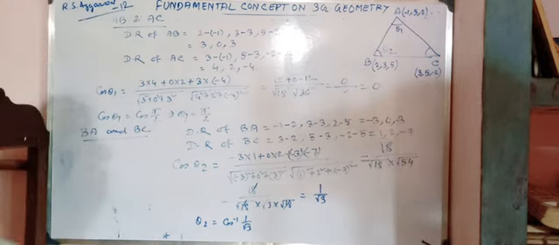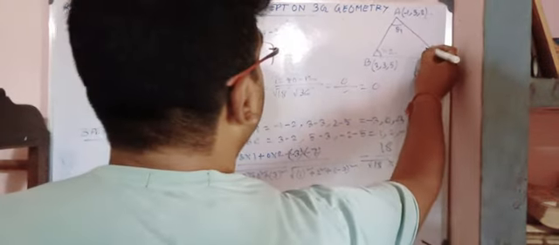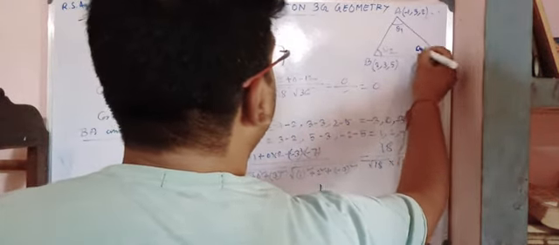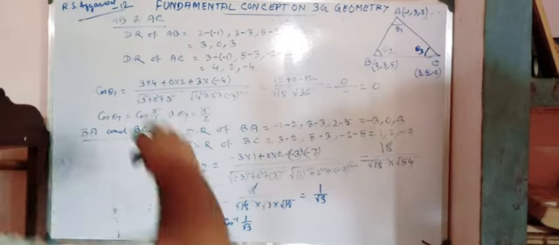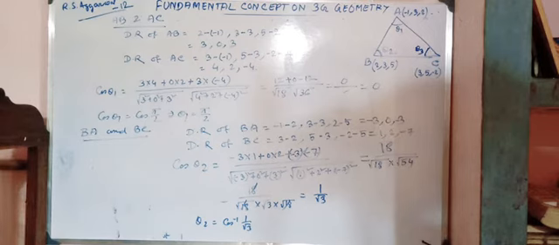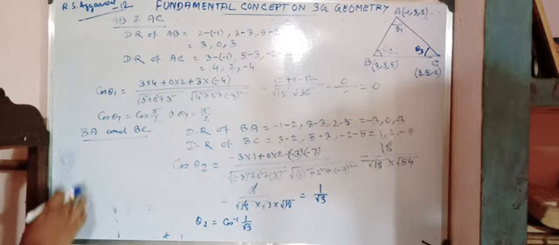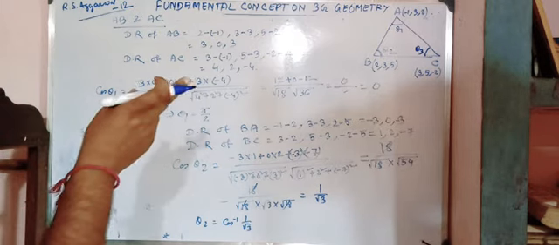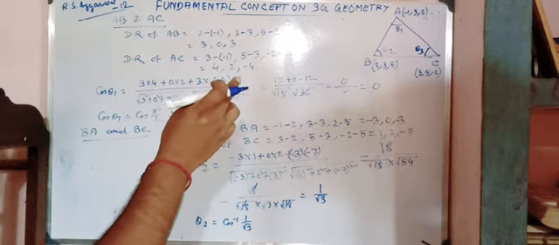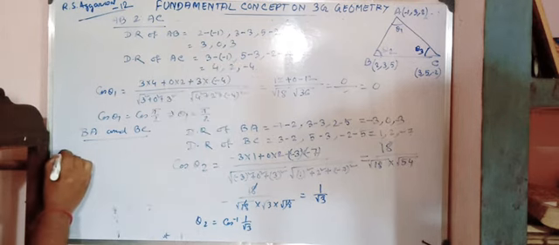Next, we have to find theta 3. Again we have to do the same process. I have to erase this, otherwise you are not able to see. Hope you are able to see. Now for theta 3, that is the angle C, so we are considering CB and CA.